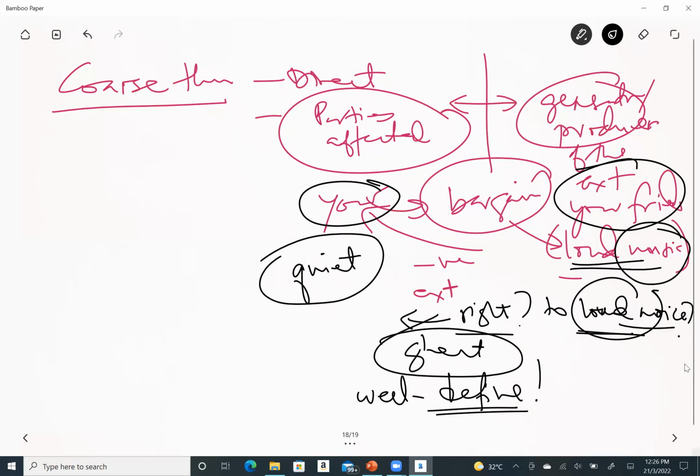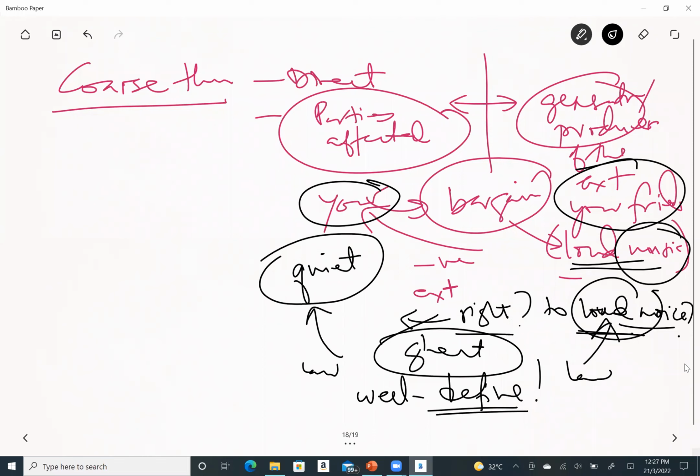The government can make a law giving your friend the right, or it can give a law for us to enjoy quiet. What is important is what? Well defined.